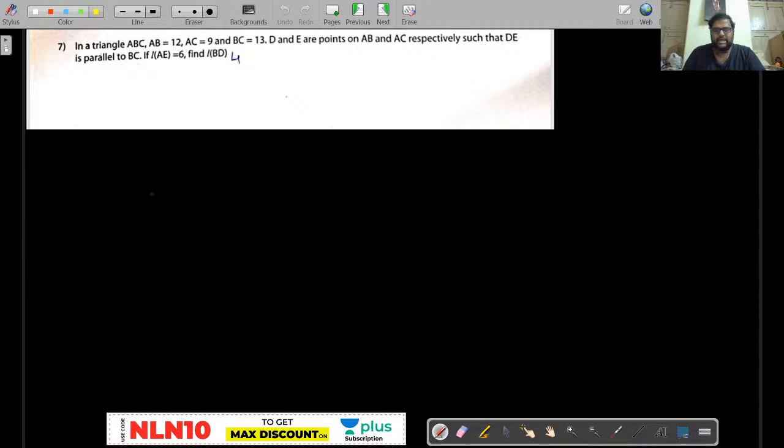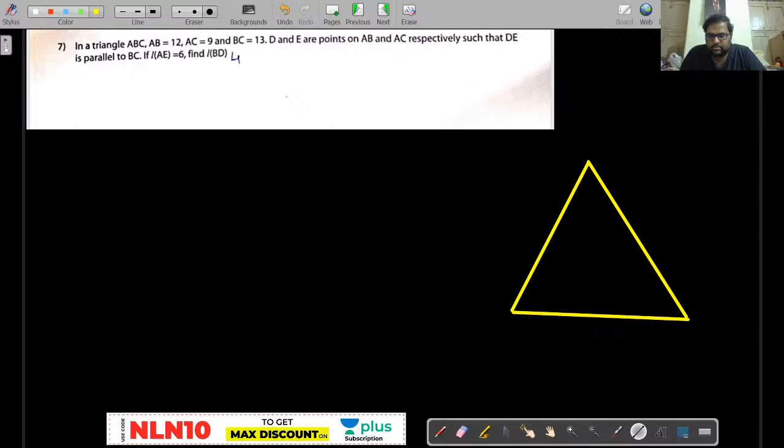Now this is the question asked. Observe here. In a triangle ABC, I'll draw the triangle. In a triangle ABC, right? Now AB is given as 12, AC is given as 9, BC is given as 13.